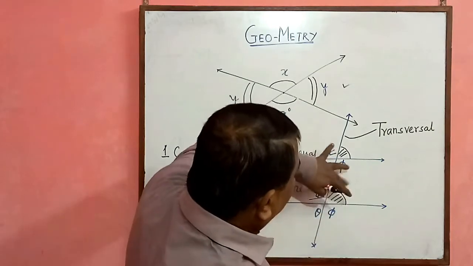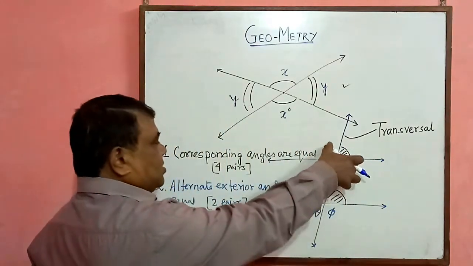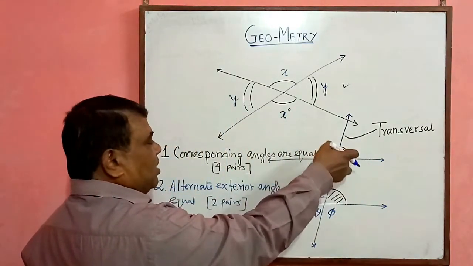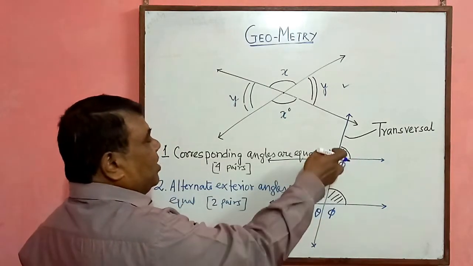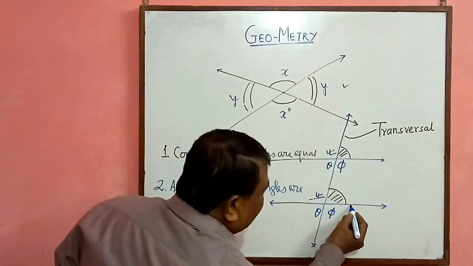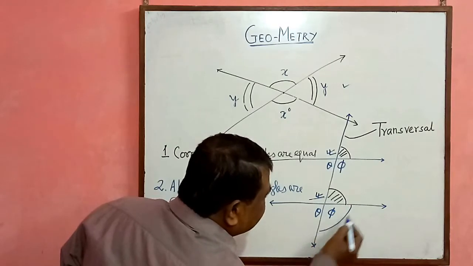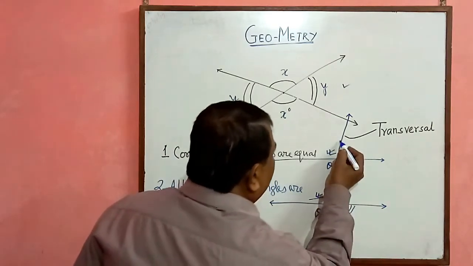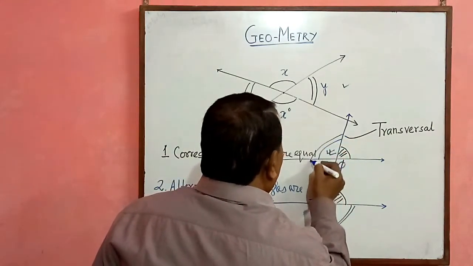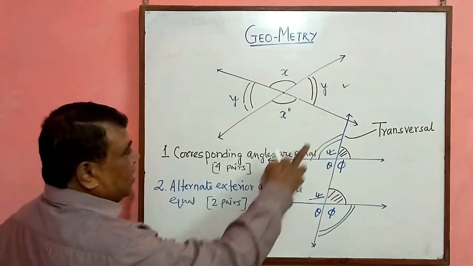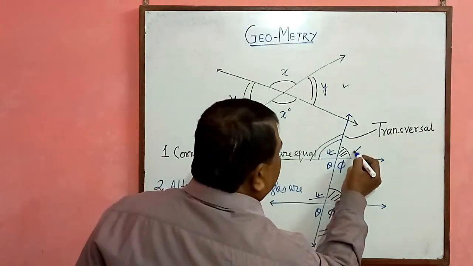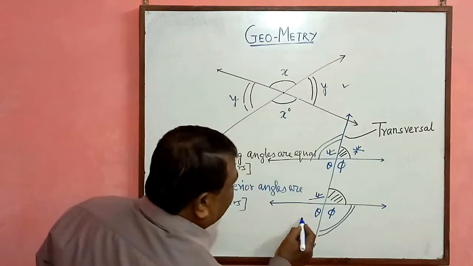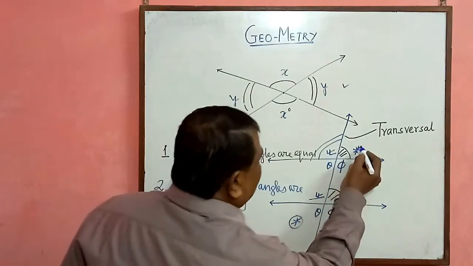Why? Here we know that these two are vertically opposite angles. They are equal. So definitely this angle will be equal to this angle. This is your alternate exterior angle 1, and next this is also a pair.